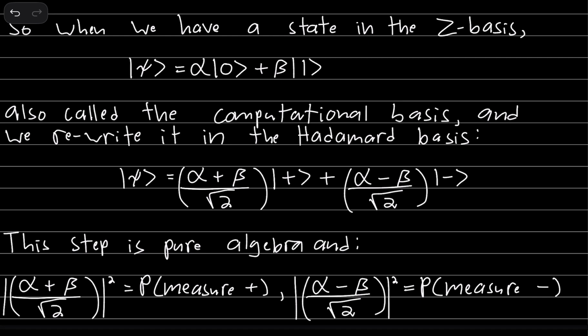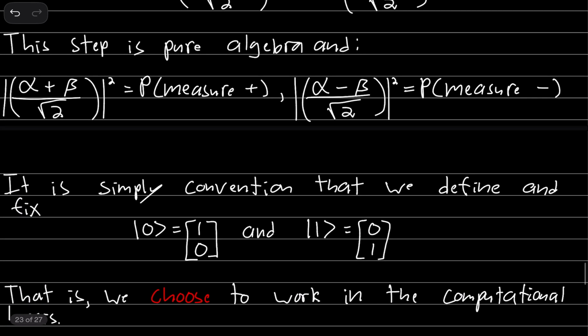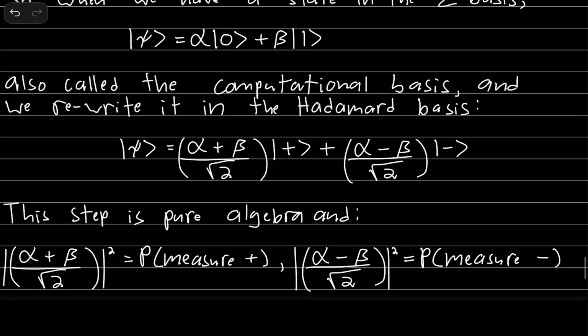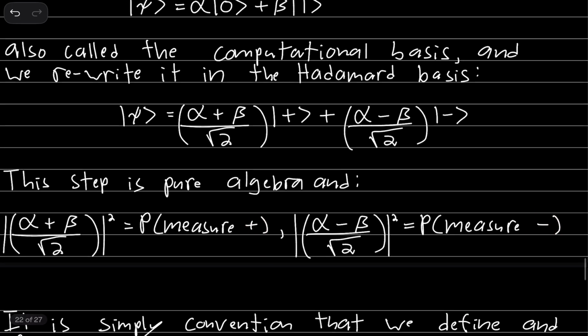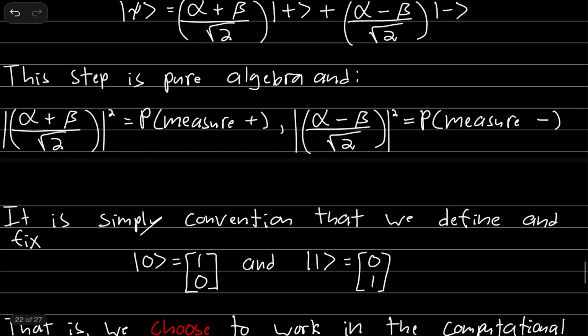Then you would get 0 with the same probability as here, and you would measure 1 with the same probability here. That's not really important to know, but it just seems kind of wonky when you say measure plus, measure minus. That's just what I was saying there.